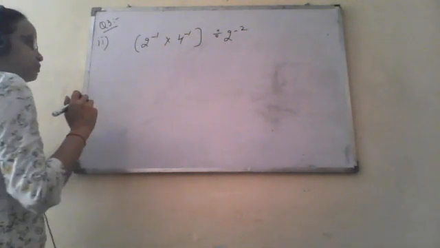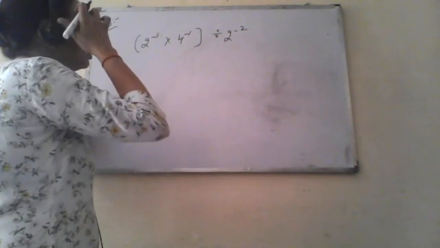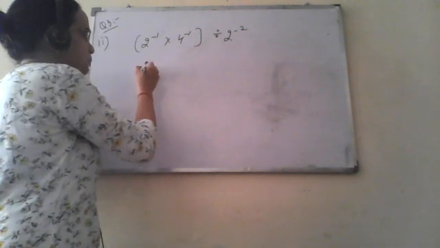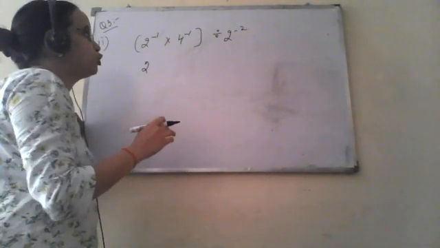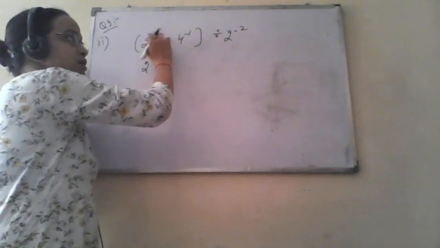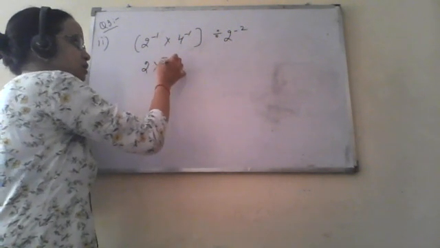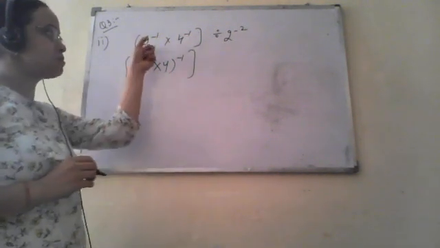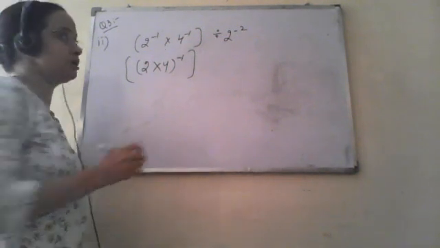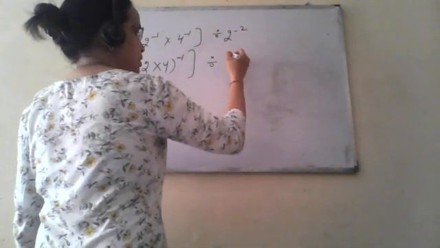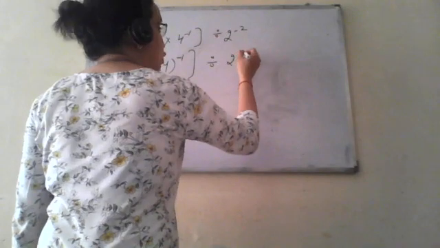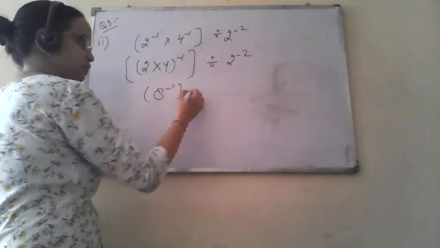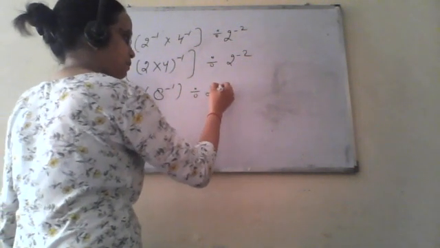Now, 2 to the power minus 1 into 4 to the power minus 1, the powers are equal, so because the powers are the same, their bases can be multiplied. It will become 8 to the power minus 1 divided by 2 to the power minus 2.